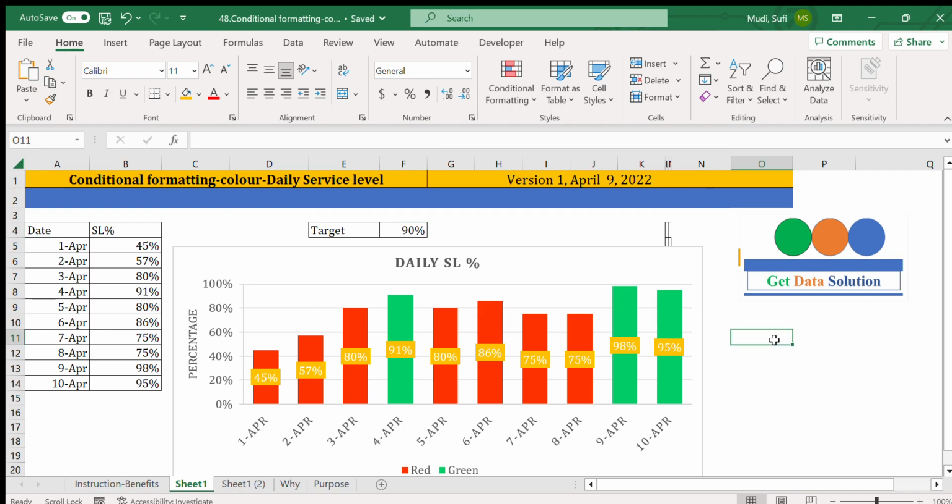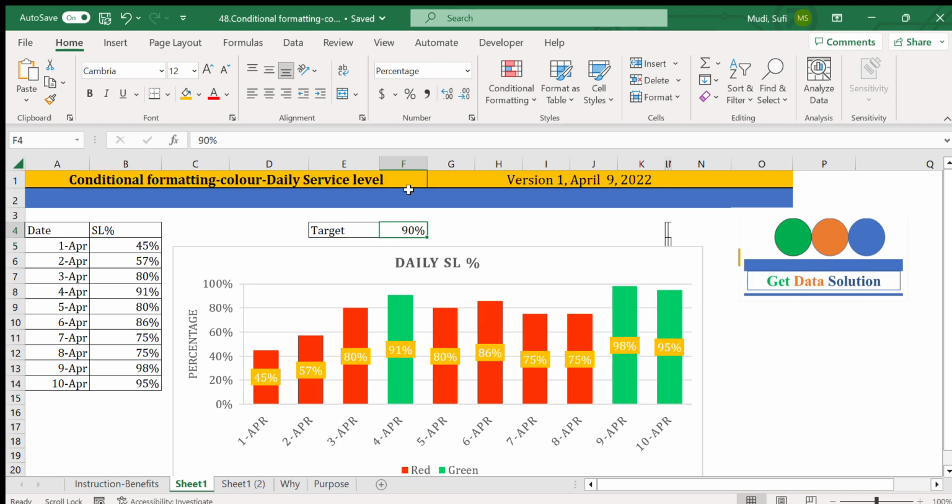Let's change and check whether this is working, and actually it is very interactive. Now at the moment the target is 90, and here we have 3 green cases on April 4, on April 9, and on April 10.